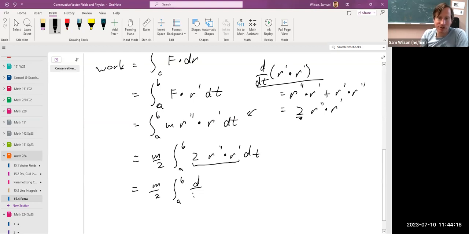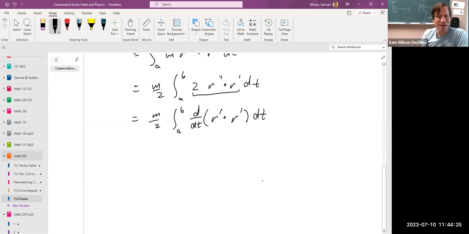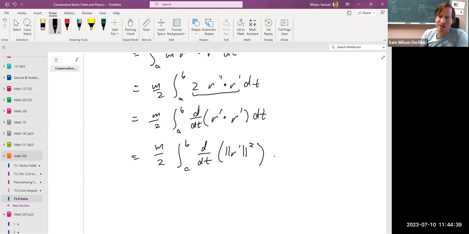So we have m over 2 times the integral from a to b of the derivative with respect to t of r prime dot r prime, and that's the magnitude of r prime squared. That's what you get when you take a dot product of something with itself.